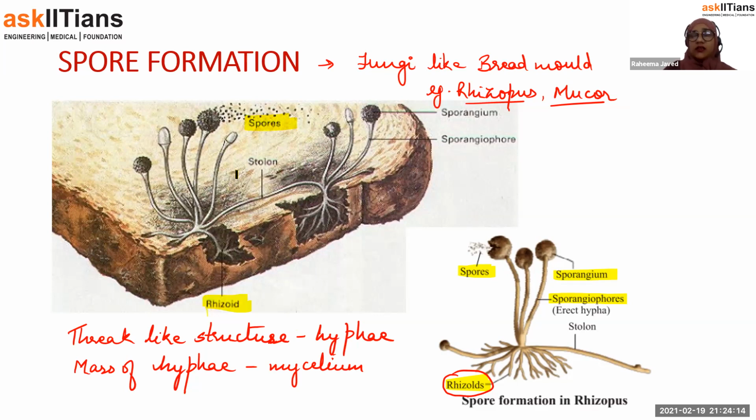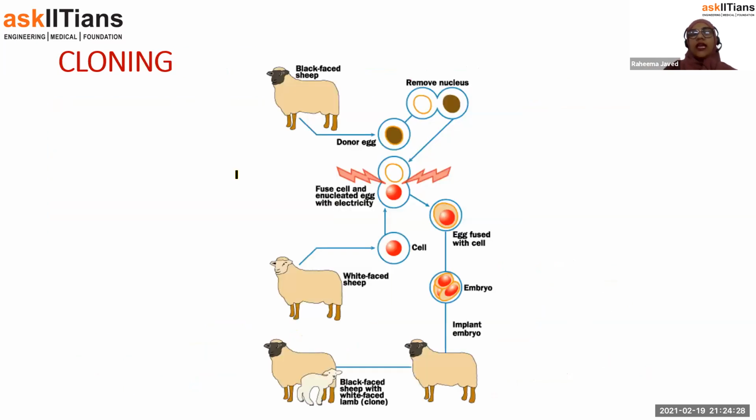They rest if unfavorable conditions are there, and when favorable conditions return they break dormancy and start developing into new adults. Okay, so let's move on to the next process, that is cloning.